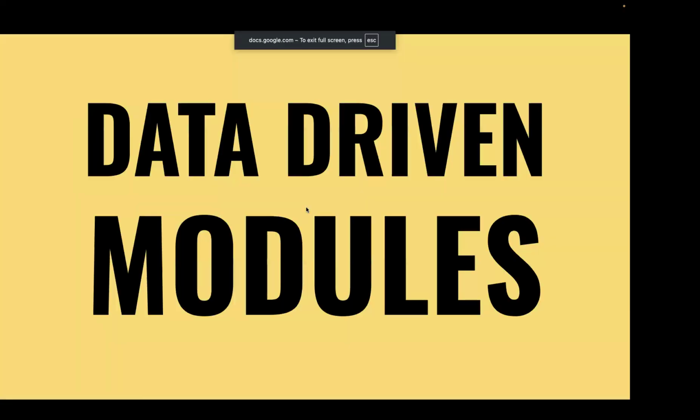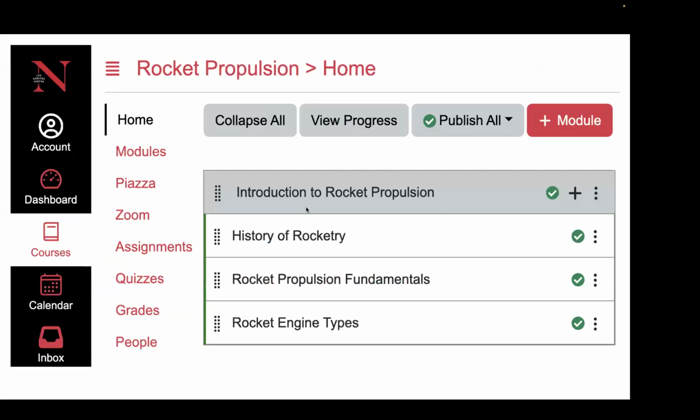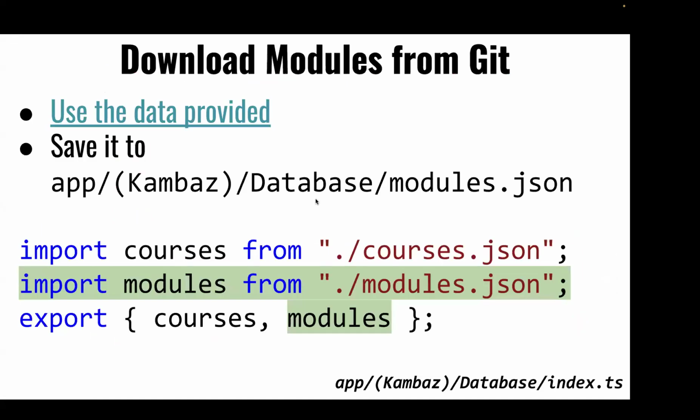So modules can also be rendered dynamically, right? We can render all the modules for a given course by looking up the ID in the parameter in the path, and then iterating, looking for the modules that are defined for the particular course. So you can download the modules from GitHub, take a look at that.